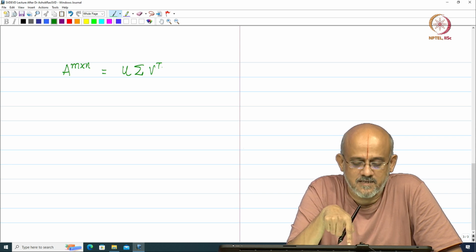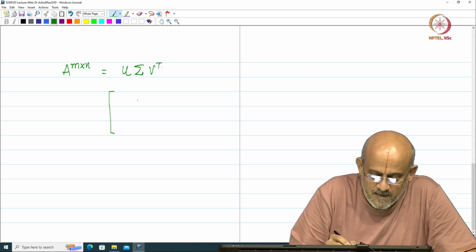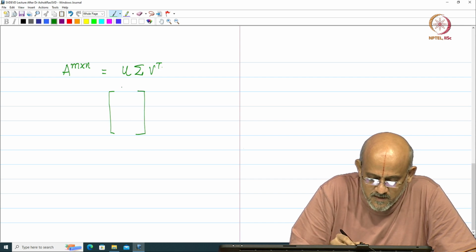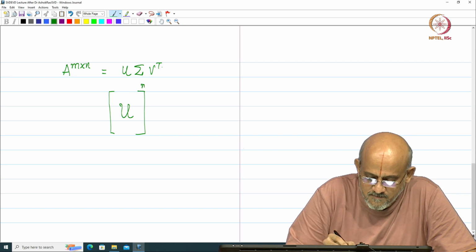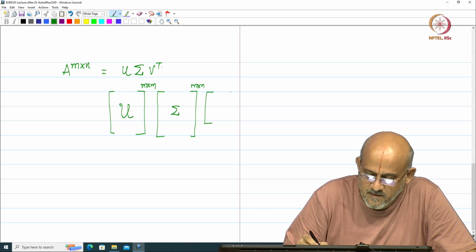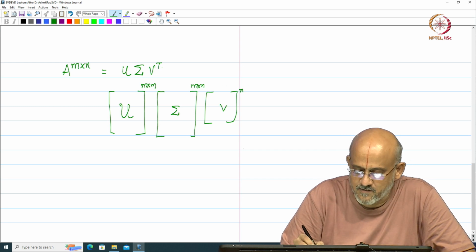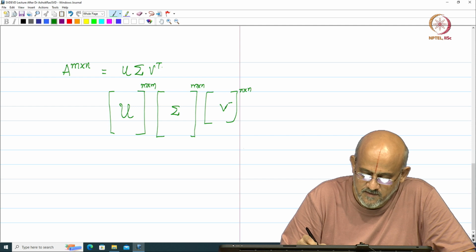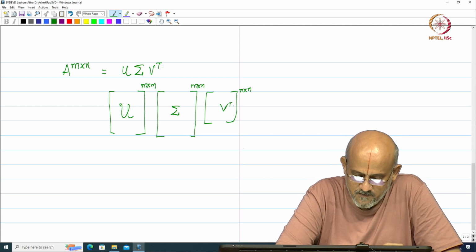So here A is an m by n matrix, so we are going to have this U matrix, which is going to be an m by m matrix, and the sigma matrix, which is going to be m by n, and this V matrix, which is a square matrix, so we're going to have n by n. So we're going to say this is V transpose, right?